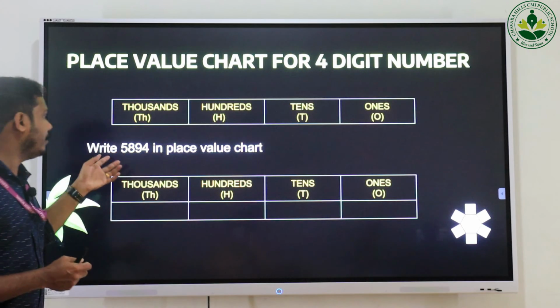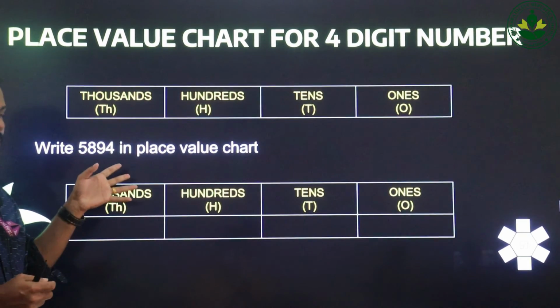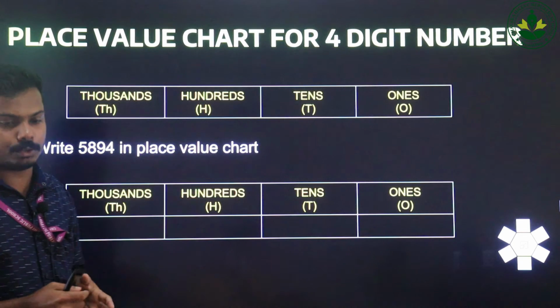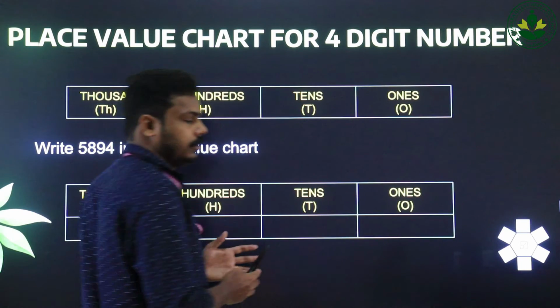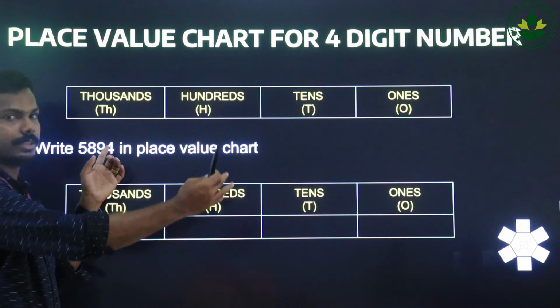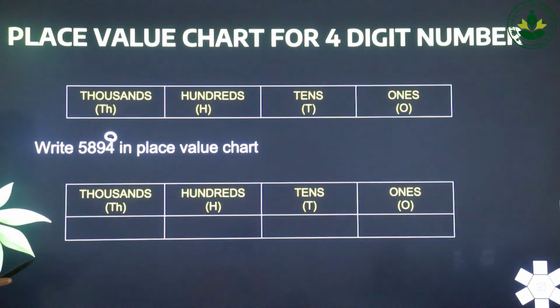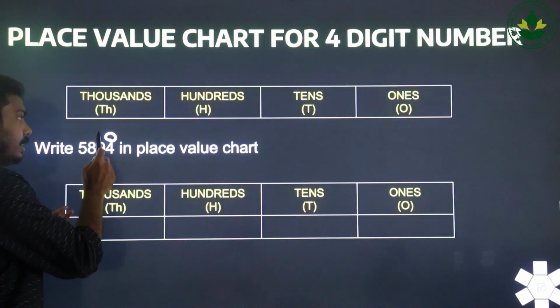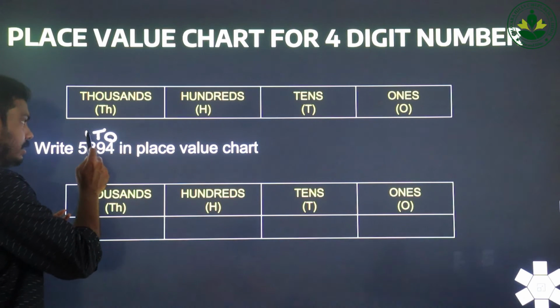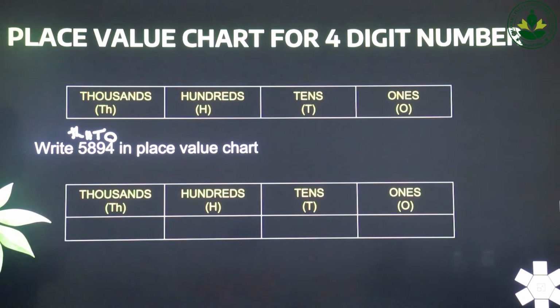Here we need to write the number 5894 in a place value chart. The first digit on the right side is the ones place digit, the second digit is in the tens place, the third is in the hundreds place, and the fourth is in the thousands place.